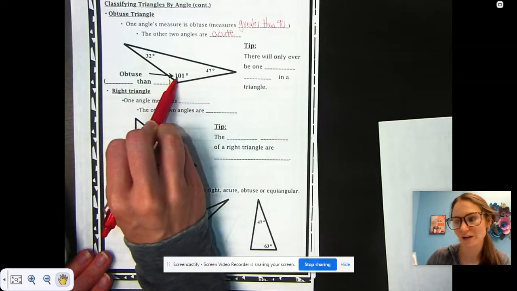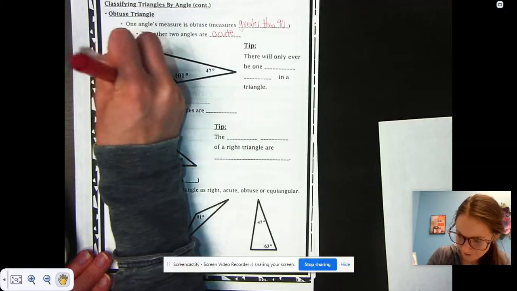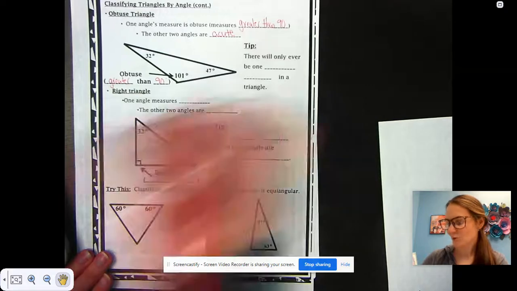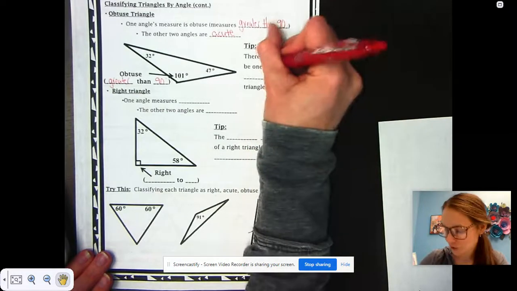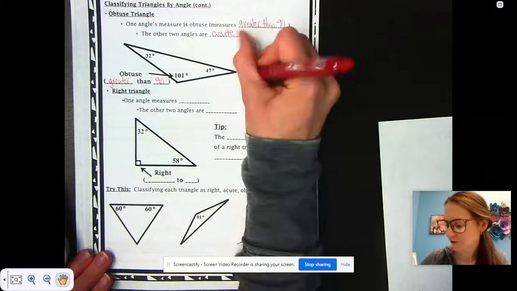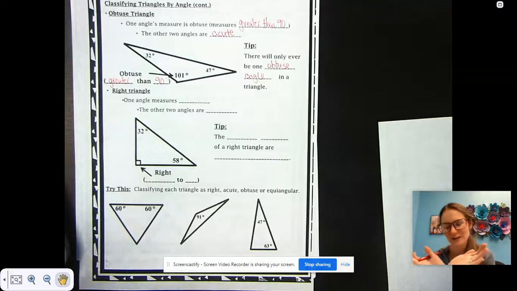This is our bigger one. It is greater than 90. Okay, there will only ever be one obtuse angle in a triangle. You cannot form a triangle with two obtuse angles. It won't work out. Okay, so that's just a tip there.